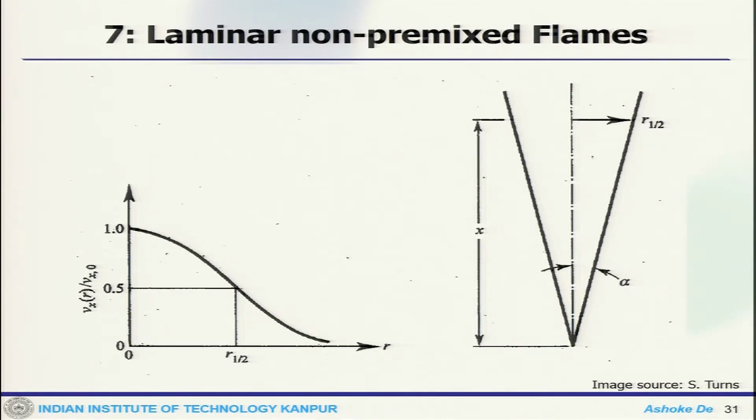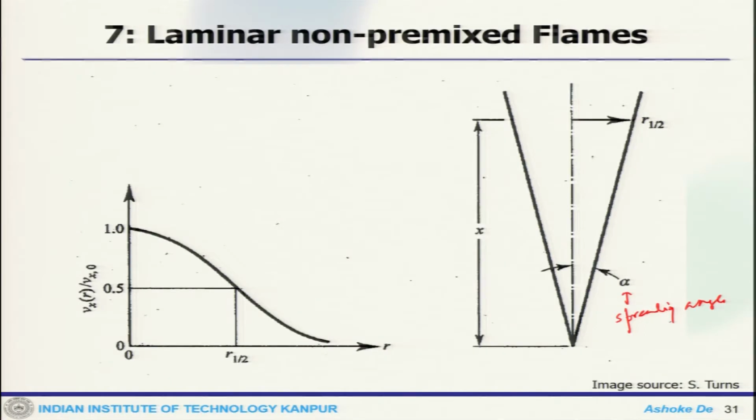So, you can see this is our spreading angle, and this is the half width, and then along this, R half by x will give you the spreading rate.